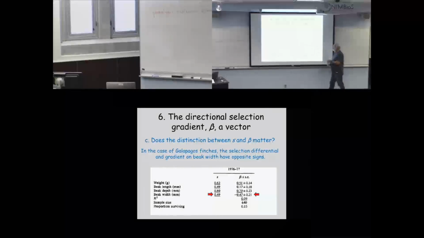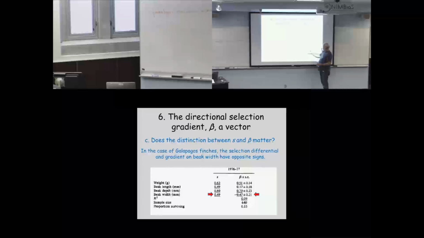If we go through and correct for all of the effects of correlation, we get a very interesting result, and that is, yes, there's positive selection, especially on this trait and this trait, weight and beak width, but on this trait, selection is actually in the opposite direction when we look at the betas.